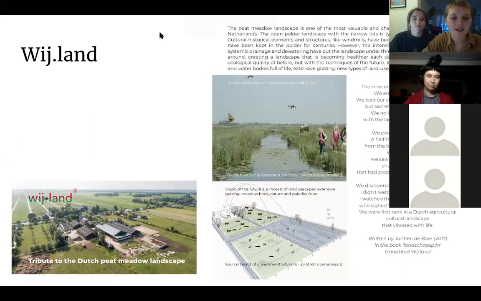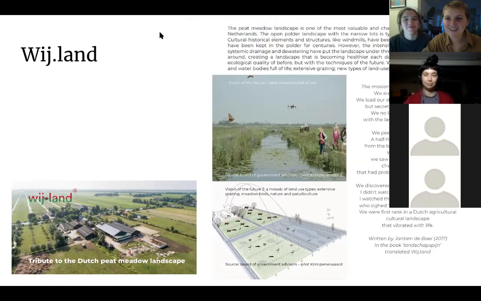Weiland is a collection of farmers that have come together, and they advocate on behalf of farmers in policy and things like this. One of the things they really deal with is peatlands as well, because of course we have a lot of that in the Netherlands. Also, we're going to post a link to the Weiland Festival, so you can check that out, happening on the 19th.